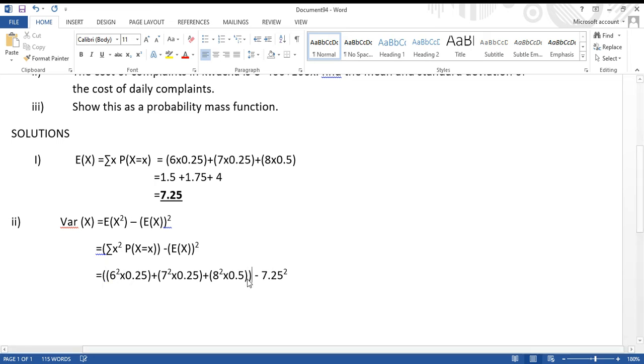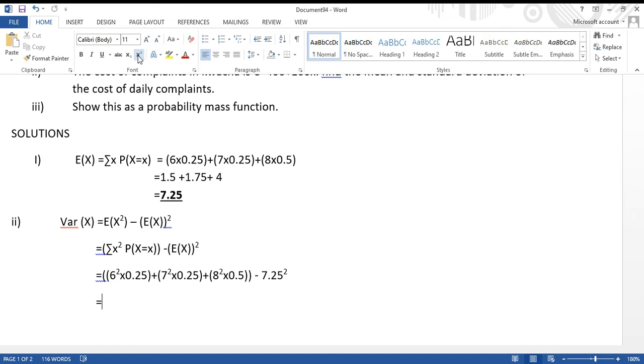Let me get my calculator. So 6 squared, that is 36. So we have 36 times 0.25 plus 49. 7 squared is 49. 49 times 0.25 plus 8 squared is 64.